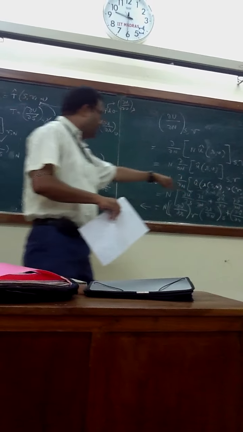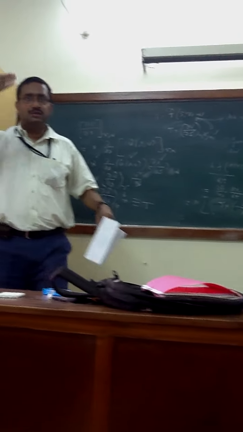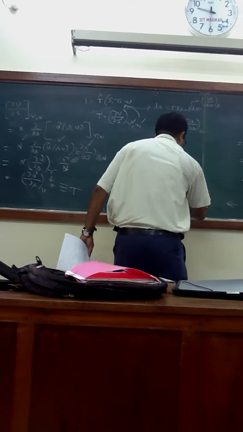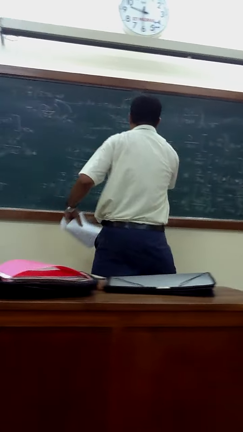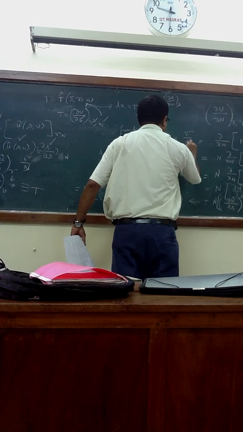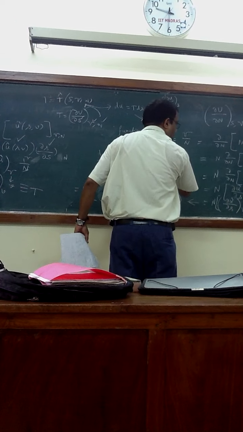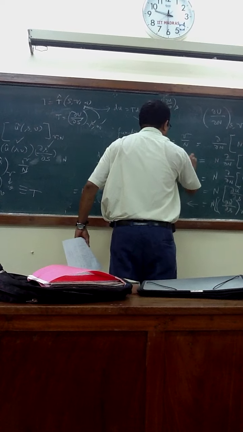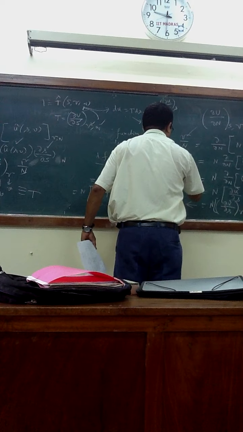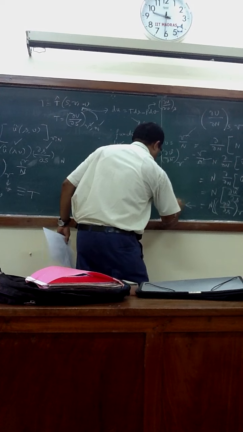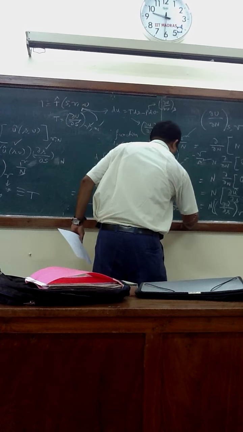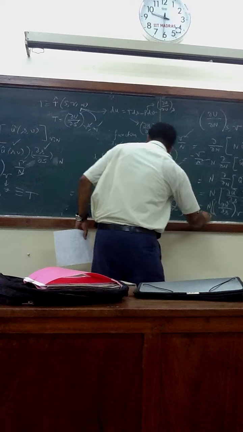Okay, so dou U by dou V at fixed S, what is that? Minus P, yes sir. And this one, if you look at dou v by dou N at fixed V, we had v equals capital V by N, this V is constant but this is variable. Taking this, it is nothing but minus P by N square, and this is minus P by N square, and plus U hat, and that's it.